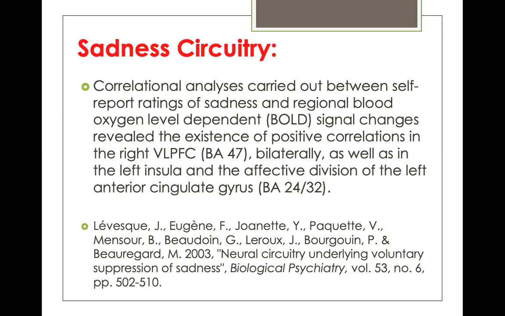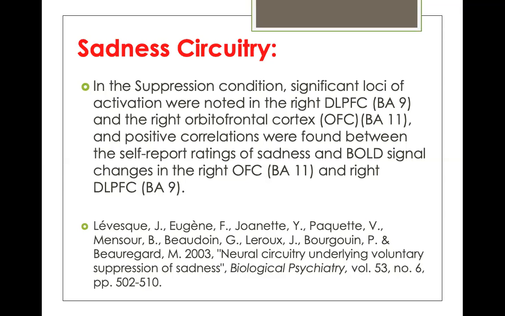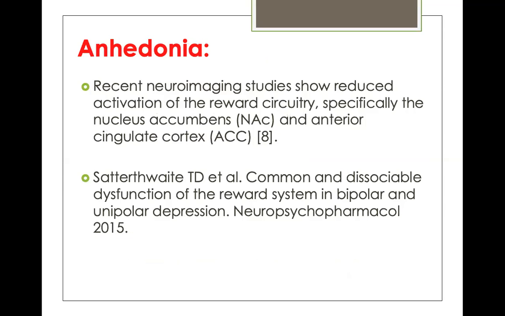There's a lot of really exciting neuroscience to read, but we can't really look at all of it, can we? So anhedonia, inability to experience pleasure, reduced activation of the dopaminergic reward circuitry, particularly the nucleus accumbens and the anterior cingulate gyrus, which is why in geriatric patients with anhedonia, sometimes we treat them with psychostimulants, with methylphenidate.